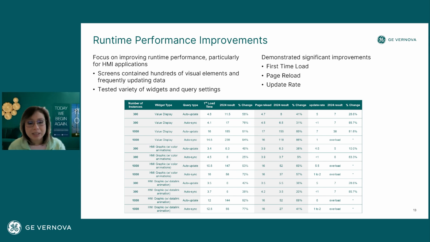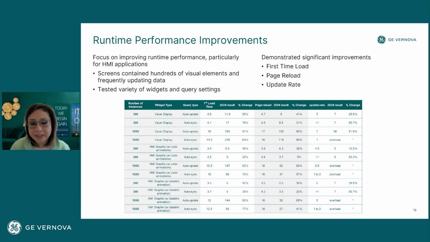So we had already received some feedback that, in certain scenarios, the pages were taking a while to load. And this was just not going to cut it, especially if you have an HMI screen with dozens to hundreds of elements, right? If every element takes a second, then that's a lot of seconds if you have hundreds of elements on the screen.